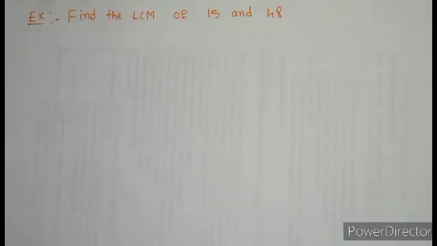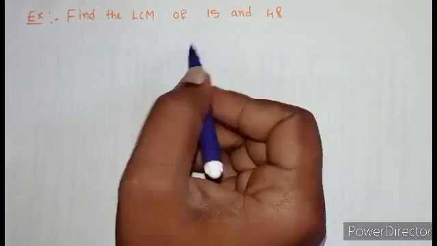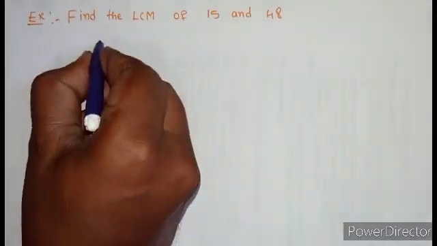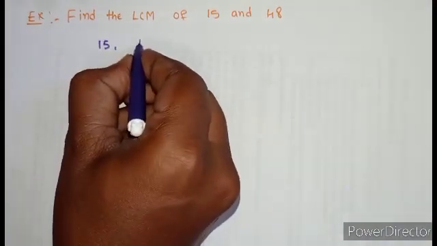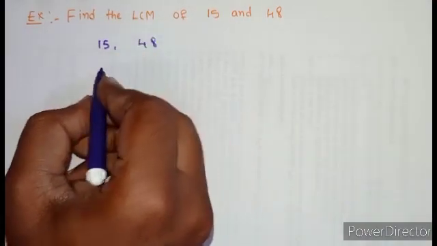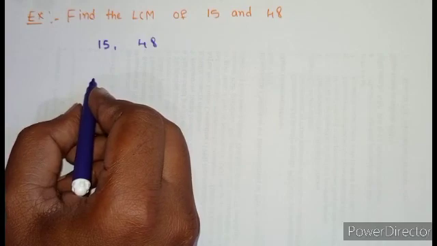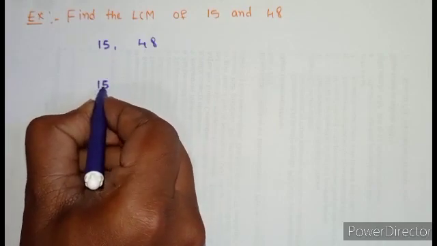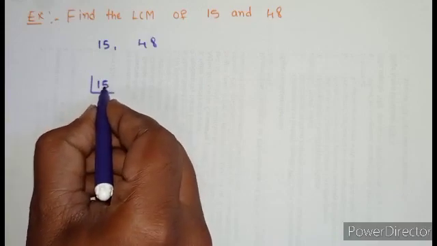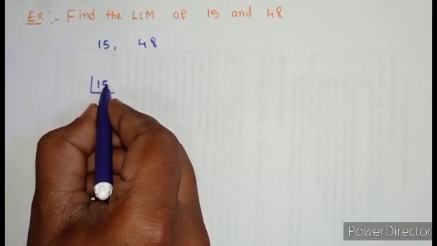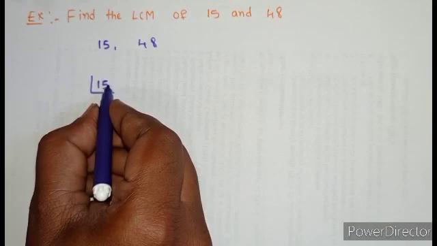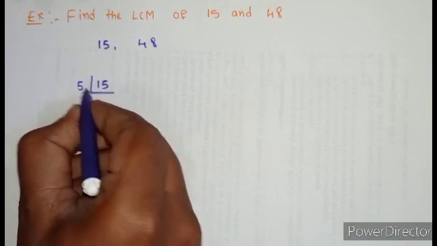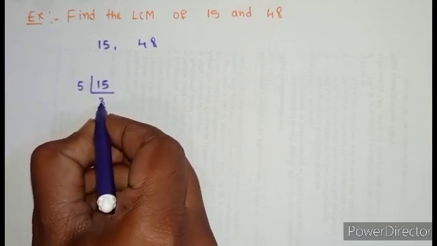Students, here another example. Find the LCM of 15 and 48. Here given numbers are 15 and 48. First we need to find the prime factors for 15. Here in ones place 5 is there, so this number is divisible by 5. 5 threes are 15.